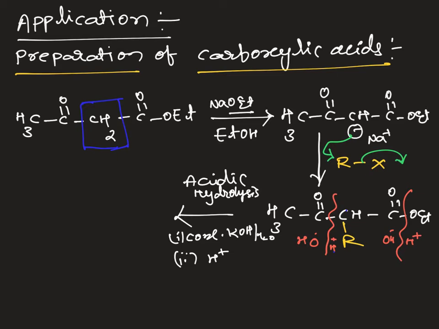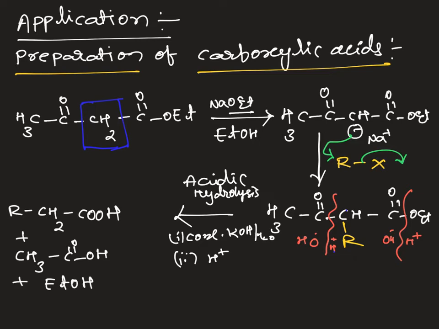So after completion of hydrolysis we get RCH2COOH and there is an acetic acid side product which is formed, and ethanol. So in this way we can prepare carboxylic acid.